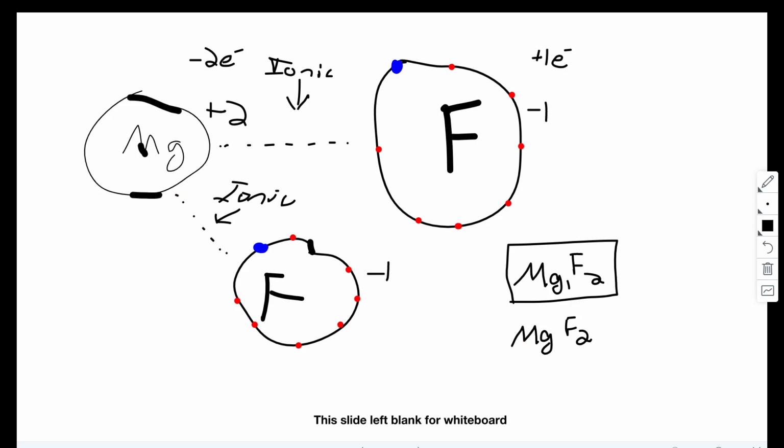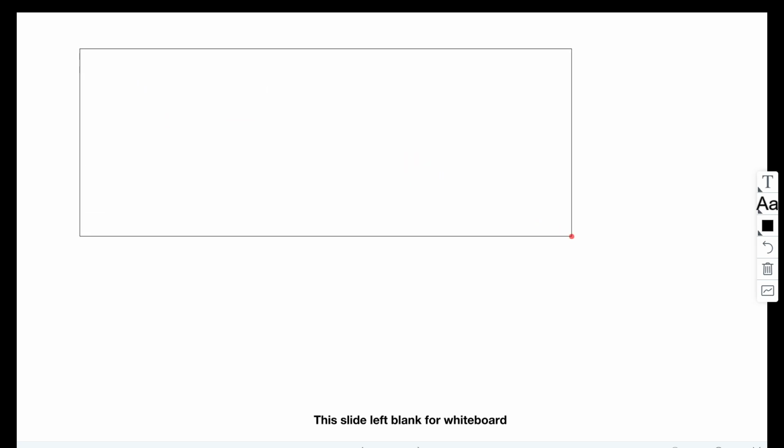And this is kind of our representation of what's going on with an ionic bond. Now, an ionic bond, in terms of the metal, is always going to take away the valence electrons from a metal.